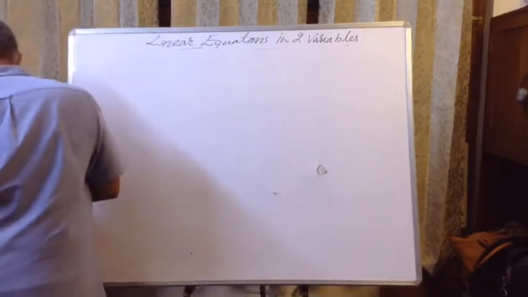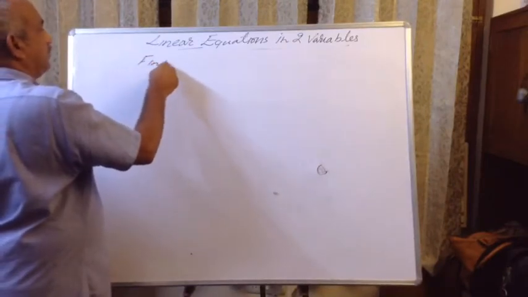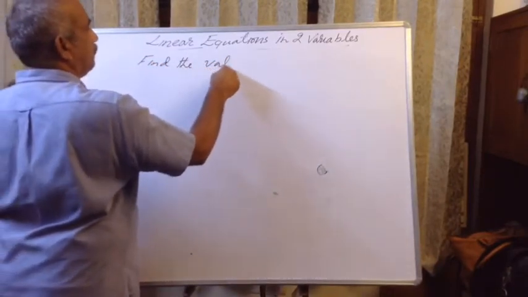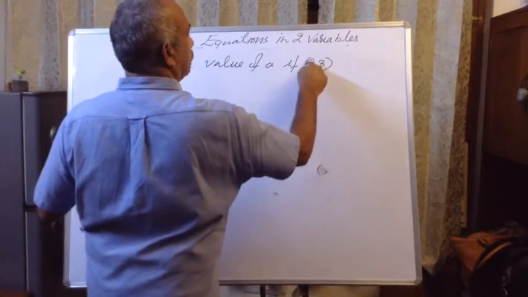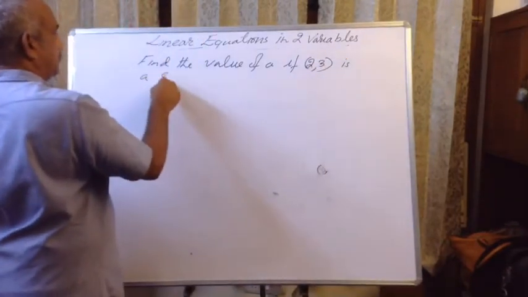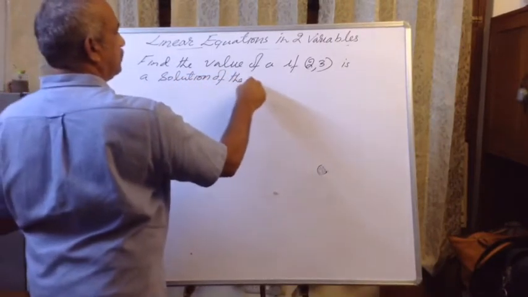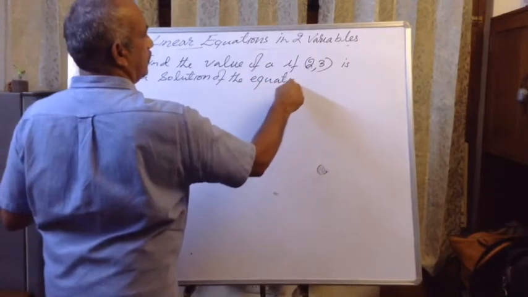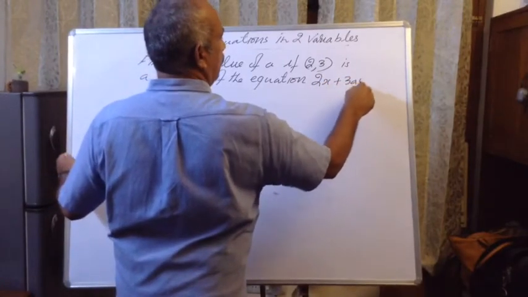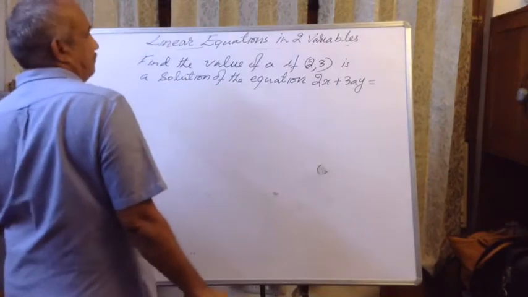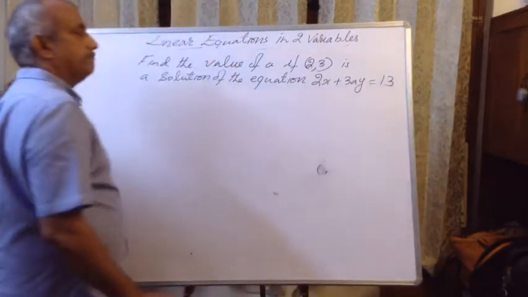Okay. Then next one is: find the value of a if 2, 3 is a solution of the equation 2x plus 3ay is equal to 13.